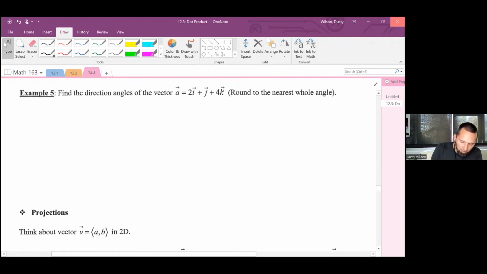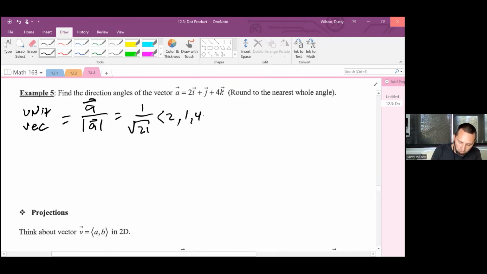My first step is going to be to find a unit vector in the direction of A. So my unit vector is going to be A divided by the magnitude of A. And my magnitude is going to be 1 over the square root of 4 plus 1 plus 16, 2 squared plus 1 squared plus 4 squared, square root of 21, times 2, 1, 4.